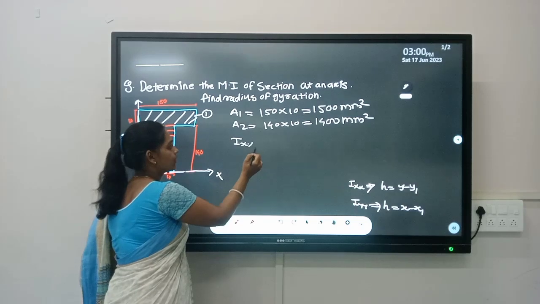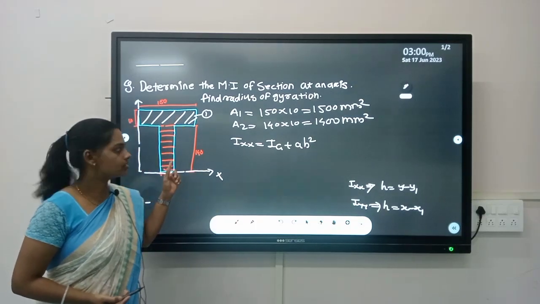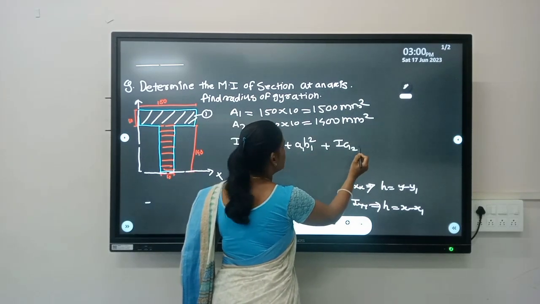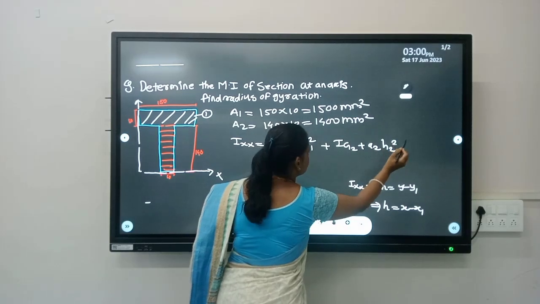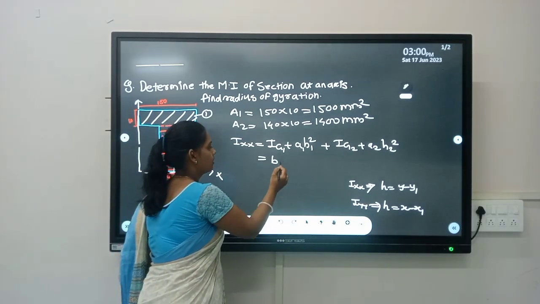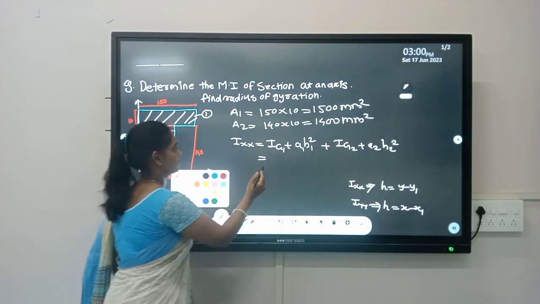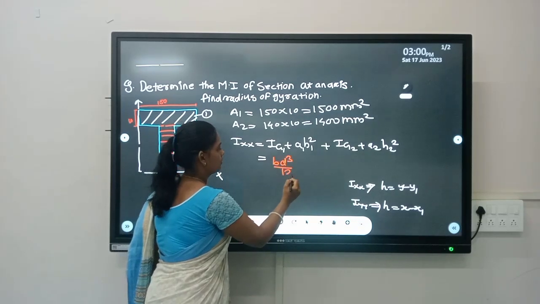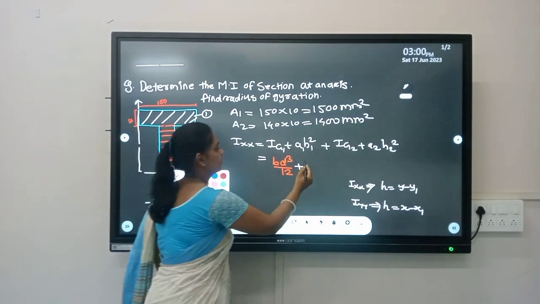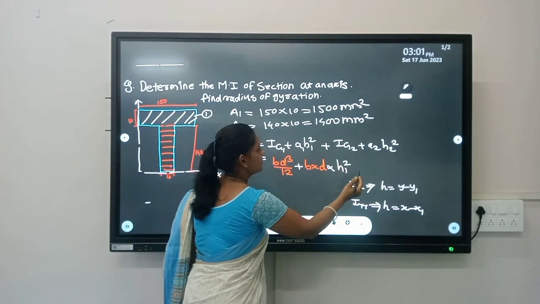Yes, Ixx is equal to Ig plus AH square. Since there are two bifurcations, we will have Ixx is equal to Ig1 plus A1H1 square plus Ig2 plus A2H2 square, where Ig for the rectangle is BD cube by 12 plus area of rectangle is given by B into D into H1 square plus Ig2.